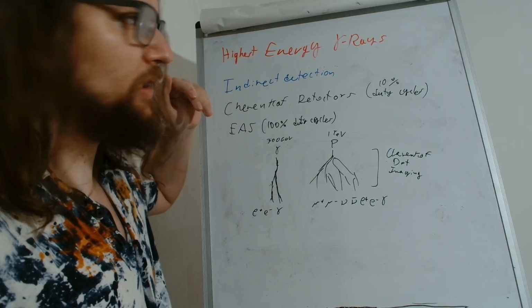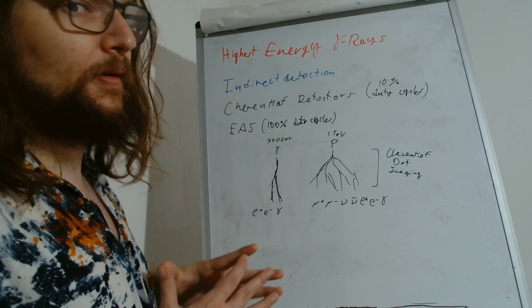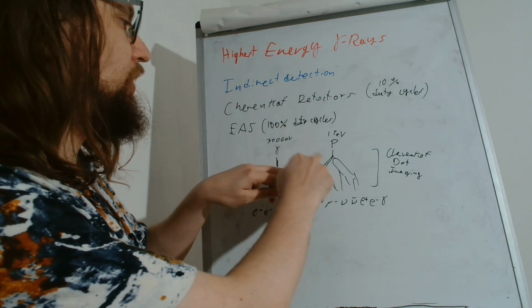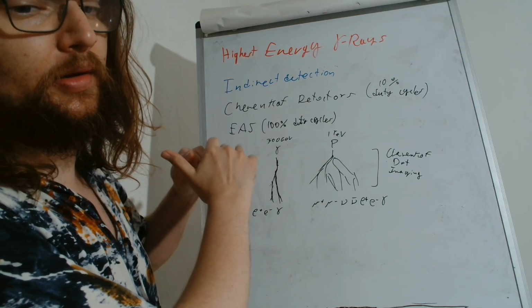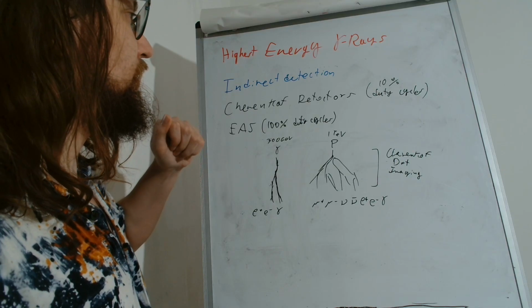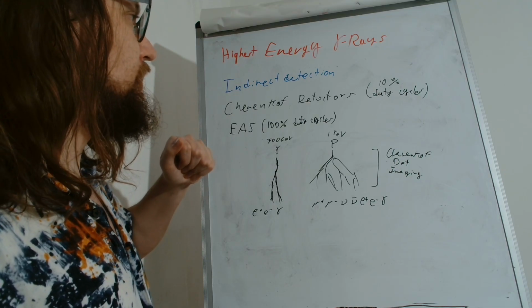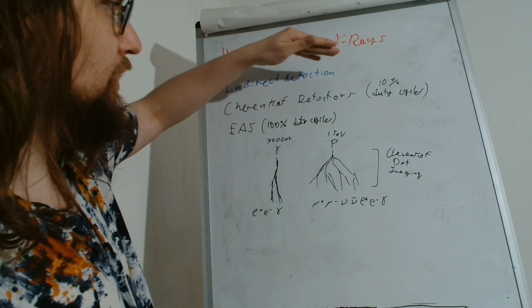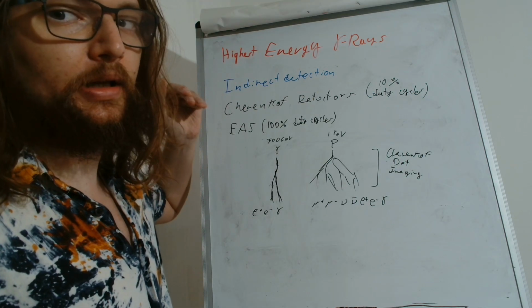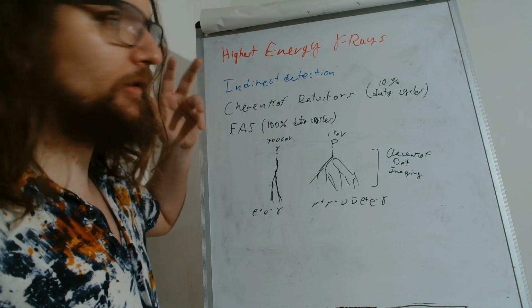Cherenkov detector imaging, which basically takes a picture from the sky of the evolution of the shower from the light emitted by it through Cherenkov radiation, and it has a 10% duty cycle because you can do this only at night, at moonless nights.